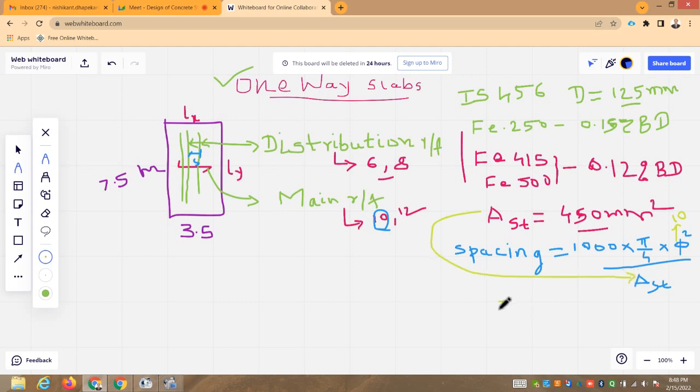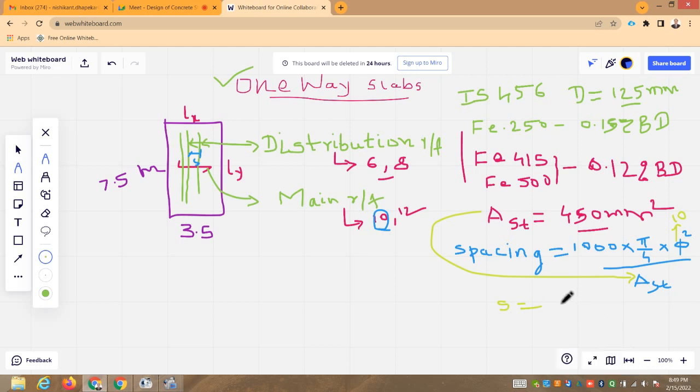So you will get the spacing for 1 meter length of the one-way slab panel. How much is it coming? Can anyone calculate? Please calculate properly.